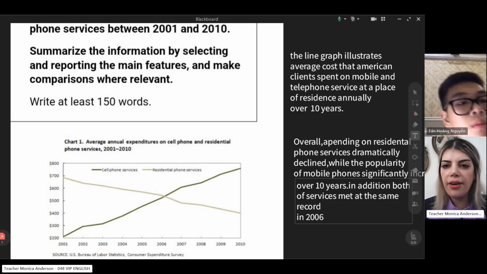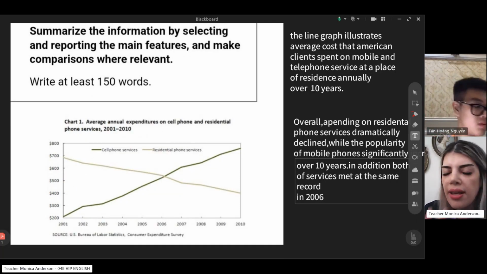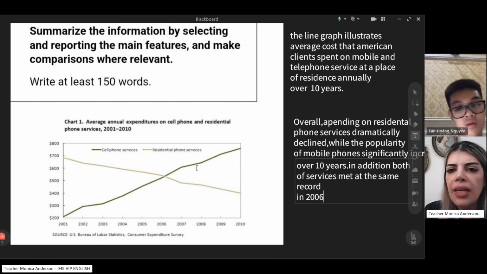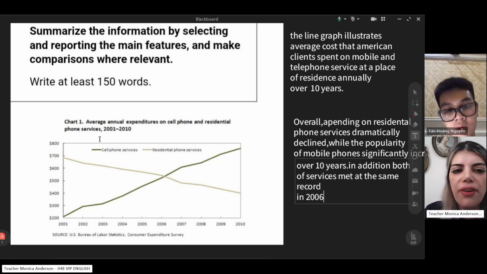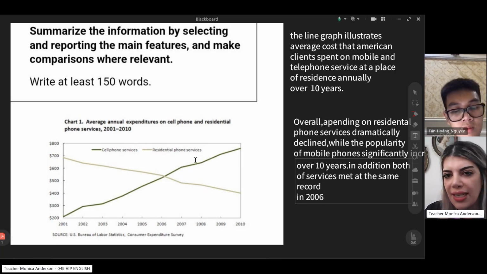Just let's check it together. So as you can see, first of all, something that I wrote. Spending on residential phone service, this one dramatically declined. We have a start point, and as you can see, dramatically step by step decrease to 2010.